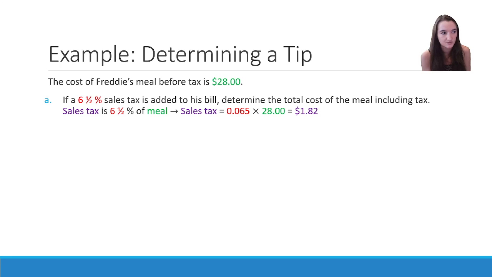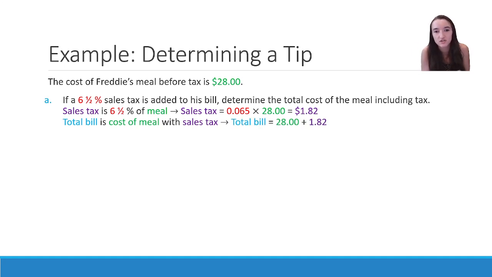So that's how much sales tax we have. Sales tax is added to the price of the bill. In other words, the total bill is the cost of the meal plus the sales tax. So I just add on top: 28 plus 1.82 for a total of $29.82.